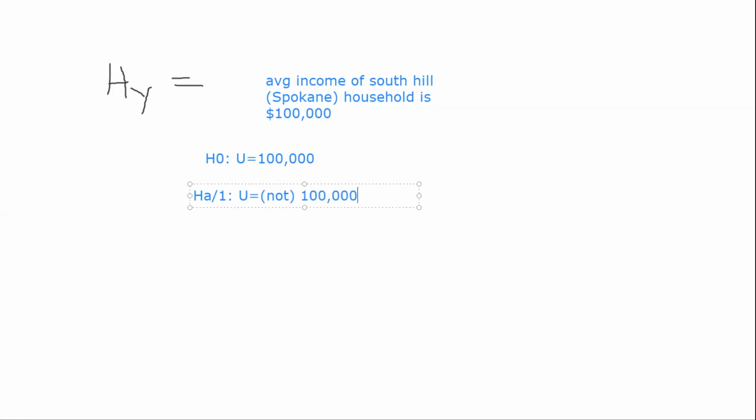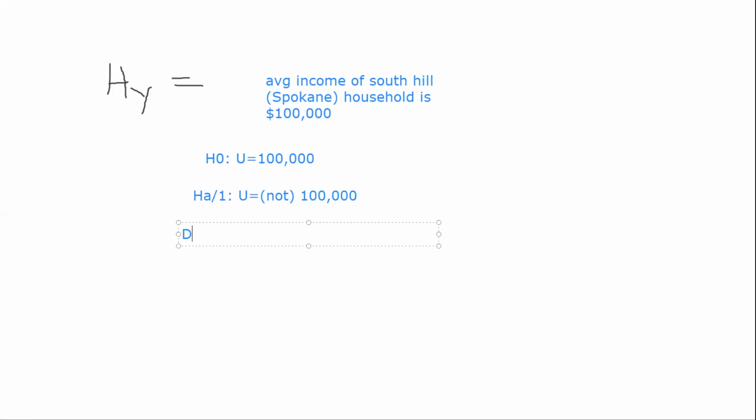So this is the first statement. I want to check whether the average income of South Hill Spokane household is 100,000. This is the null, this is the alternative. Now the third step in hypothesis testing is at what level of confidence I would like to check. What is the significance level? As you know, 1 minus confidence level is significance level.